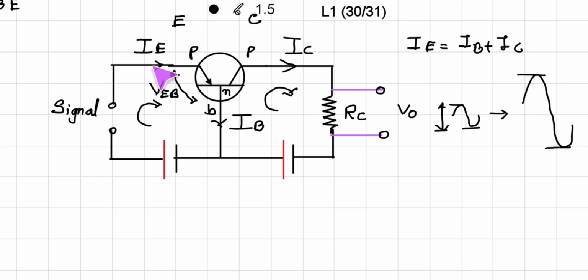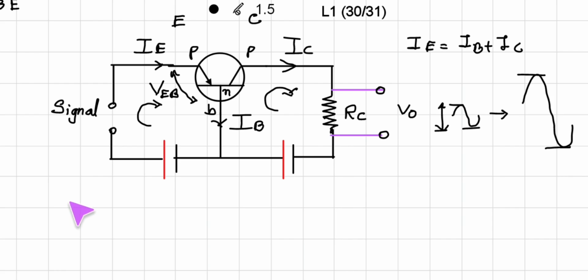Okay, so here the input current is IE, the current through the base is IB, and the collector current is IC. In the case of a common base amplifier configuration, we are going to see it amplifies the current at the output. So what is the current amplification factor? It means if there is a change in IE at the input side, there is a corresponding change in IC at the output side.